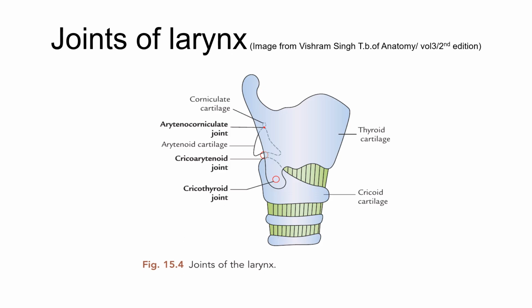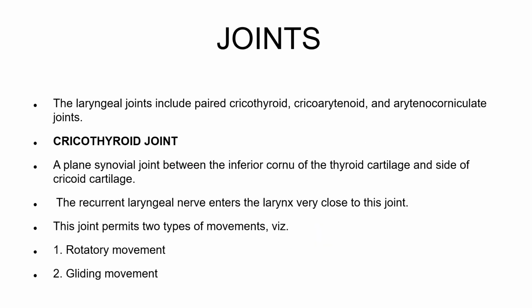Now let's see the joints of the larynx. Now there are three joints of the larynx, namely cricothyroid, cricoarytenoid, and arytenocorniculate joint. Let's see them one after the other. So the cricothyroid joint is a plain synovial joint. Please revise your general anatomy here.